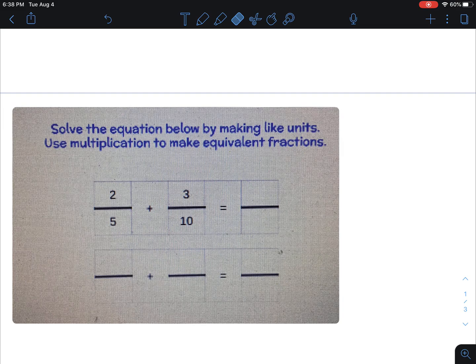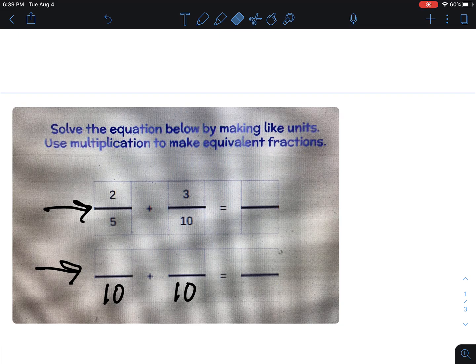That's not a problem, because for today's lesson, when you have this problem here and they don't give you anything down below, whichever denominator is a larger number, that's what's going to be your denominator down there, okay? So let me show you that again. When you do one on your own, obviously between 5 and 10, 10 is bigger. So that's what your denominators are going to be.